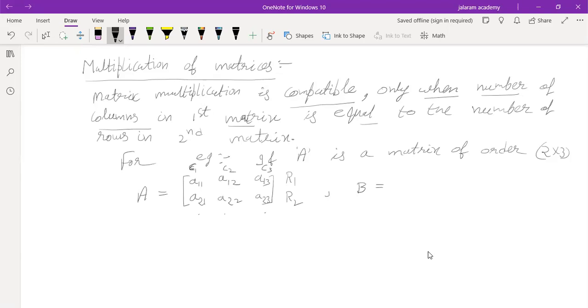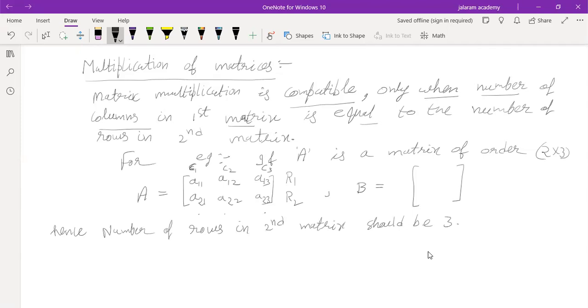There are 3 columns in the first matrix, so the number of rows in the second matrix should be 3.